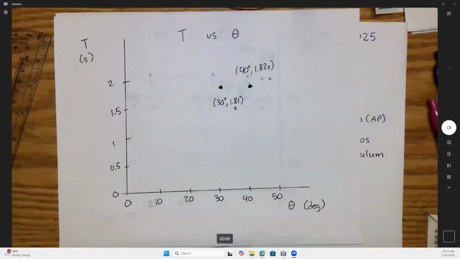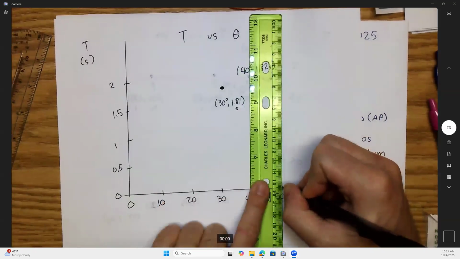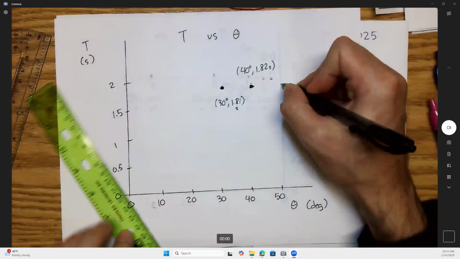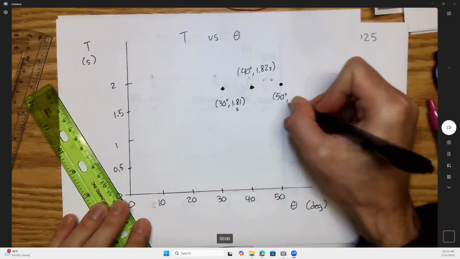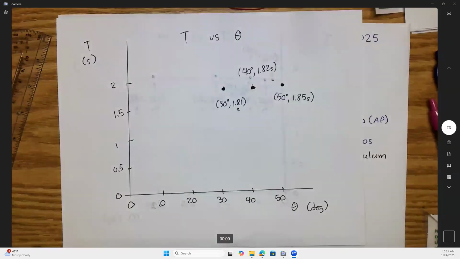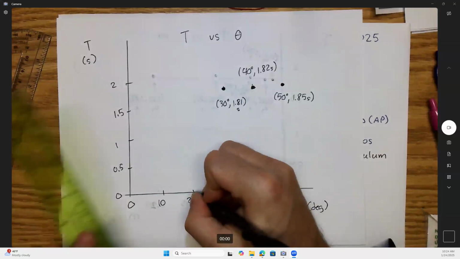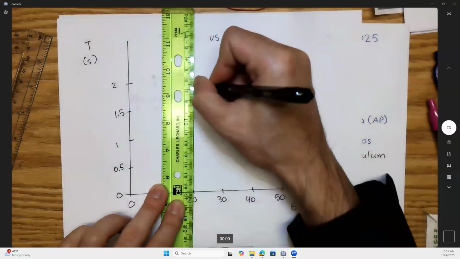What else you got? 50 degrees and 1.85 seconds. 20 degrees, 1.83 seconds.